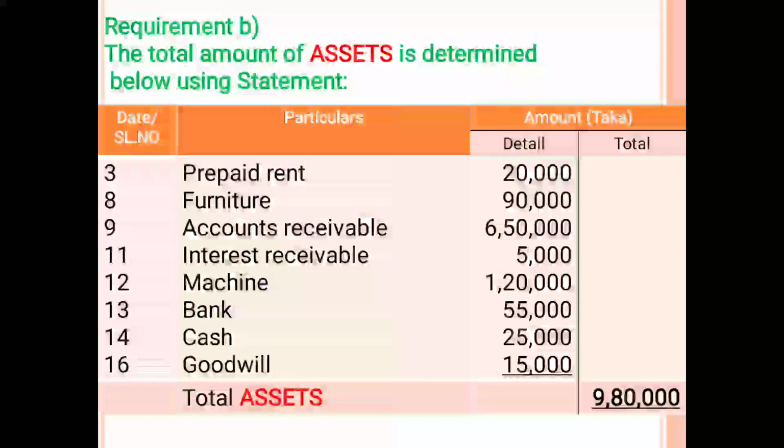Machine for taka 1,20,000. Bank for taka 55,000. Cash for taka 25,000. Goodwill for taka 15,000. In this question, the total amount of assets is taka 9,80,000.